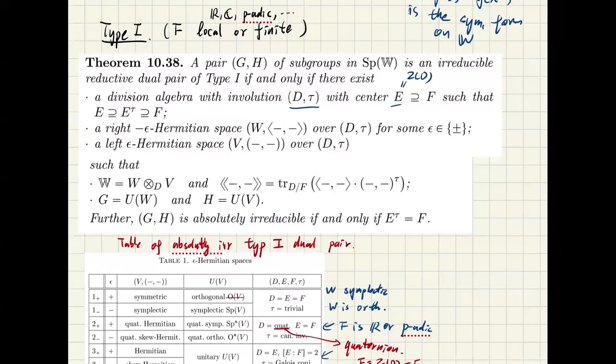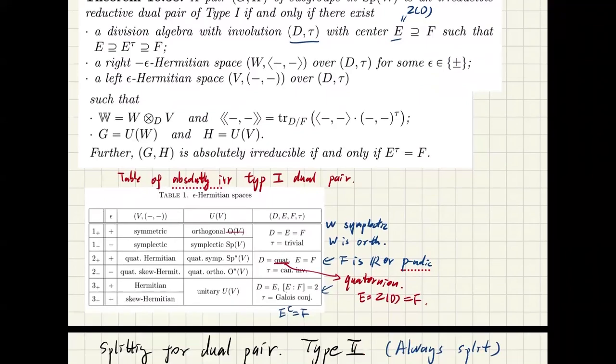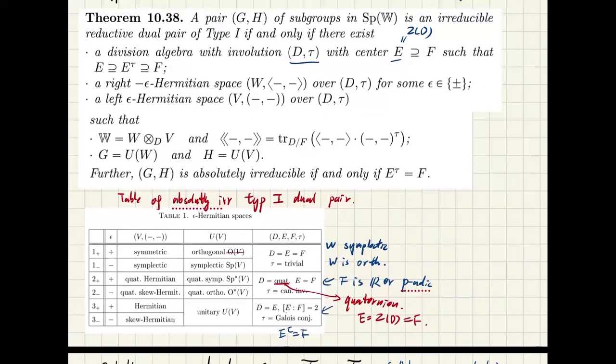But if you require it to be absolutely irreducible, which the simplest way to define is that after base change to the algebraic closure it's still an irreducible dual pair, then it must be the quaternion. So as a correlator, B has to be quaternion as well.